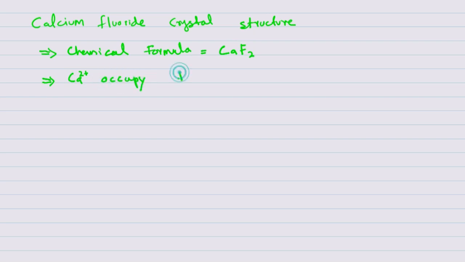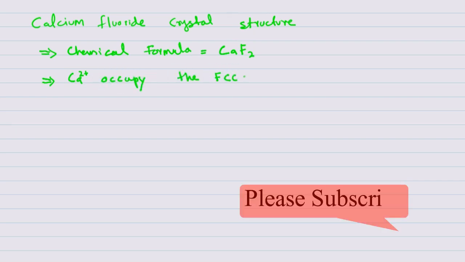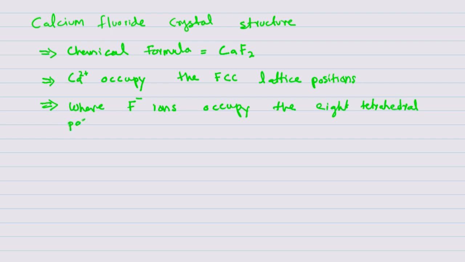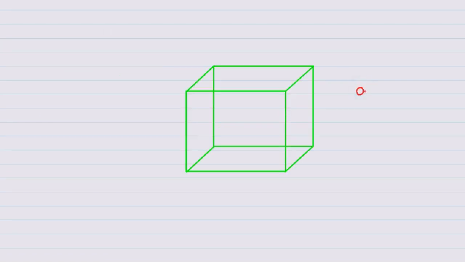So calcium ions occupy the FCC, that is face center cubic lattice positions, whereas fluoride ions occupy the 8 tetrahedral positions in FCC unit cell.